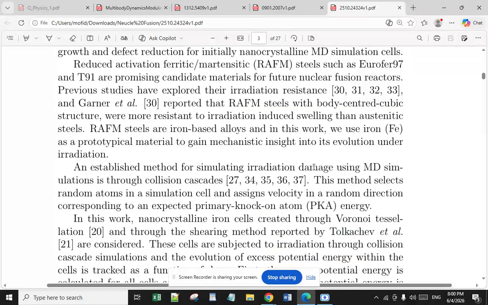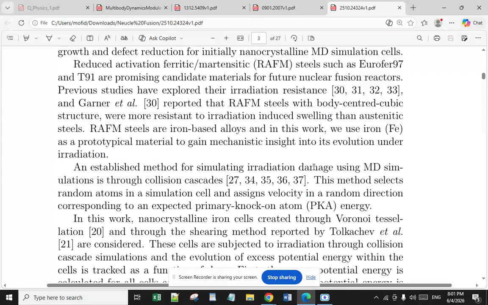Reduced activation ferritic martensitic, or RAFM, steels such as Eurofer 97 and T91 are promising candidate materials for future nuclear fusion reactors.